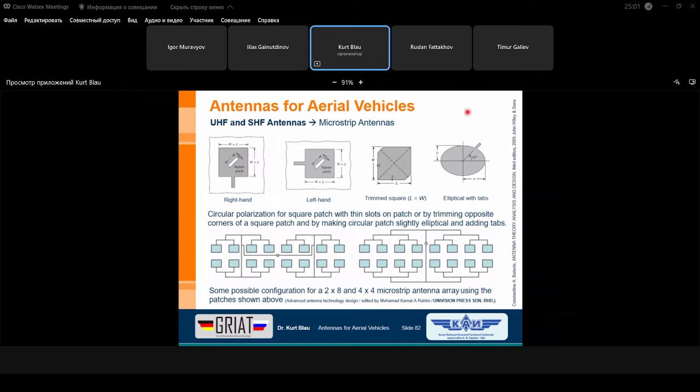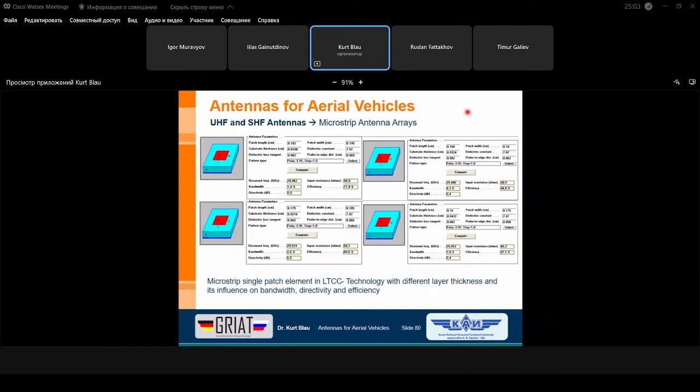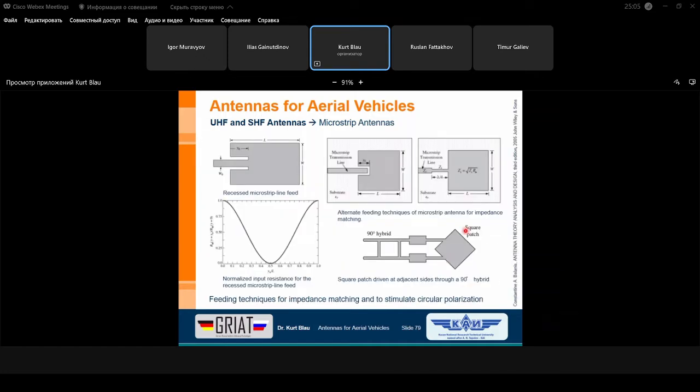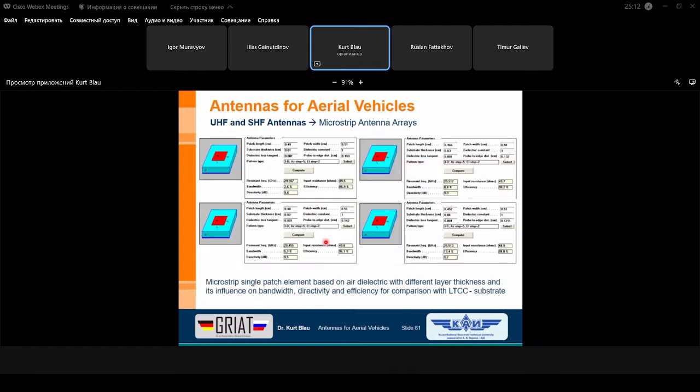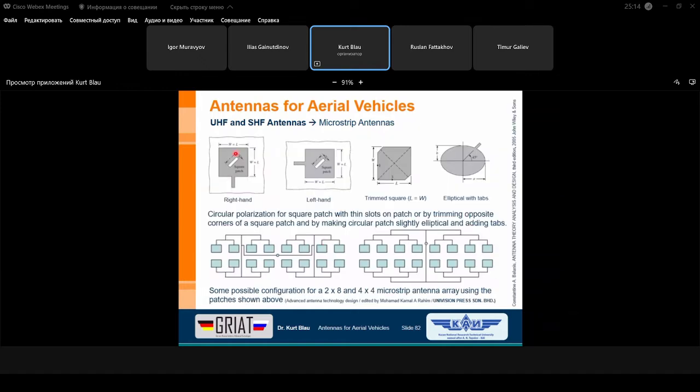Instead of using such a hybrid, because of its additional effort, additional network it's necessary, we can also use other possibilities to excite circular polarization. The right hand is shown here, left hand is shown here, meaning the phase difference between the two edges here is made internally with this slot in the antenna.